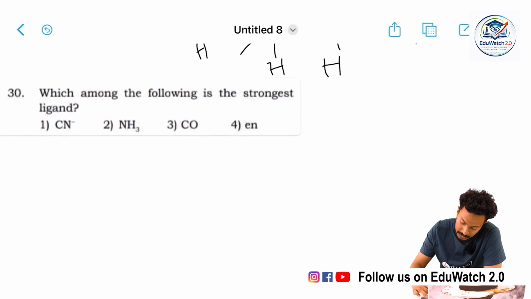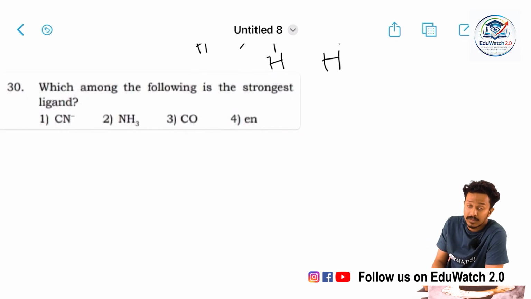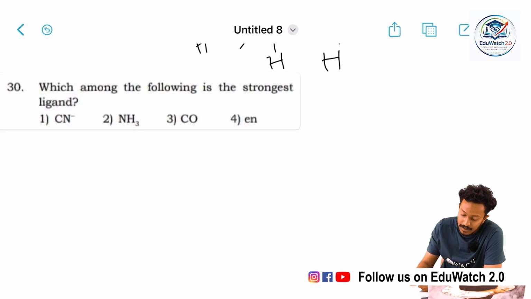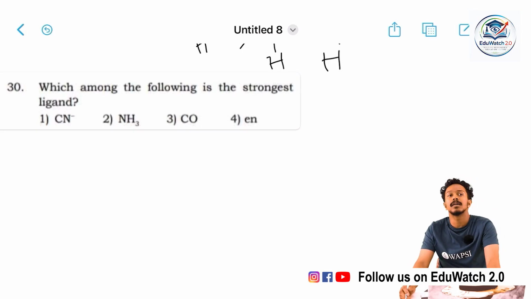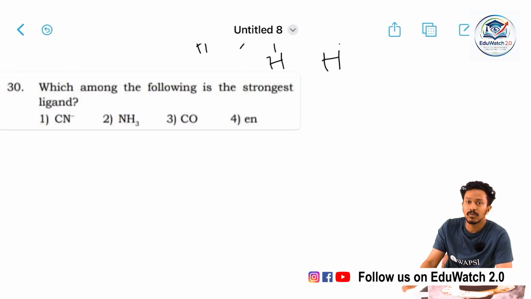Moving on to our next question. Which among the following is the strongest ligand? This question can be explained by the spectrochemical series that we have studied earlier in the coordination chemistry chapter. You have to be familiar with this spectrochemical series. In this series, the strongest ligand is actually carbon monoxide.